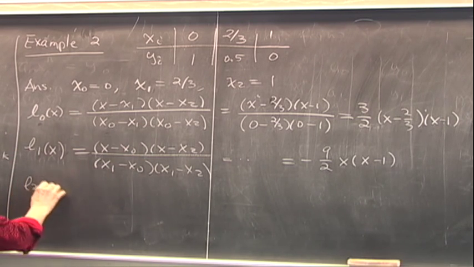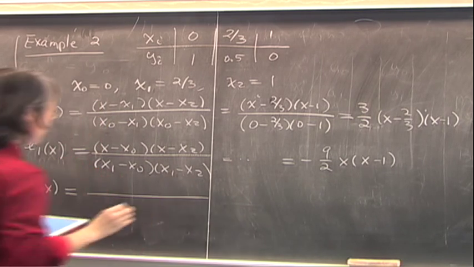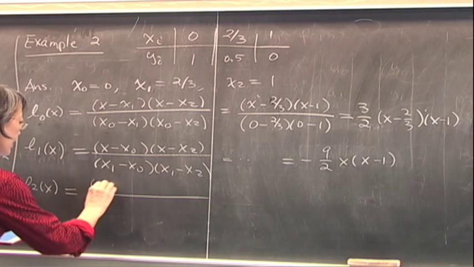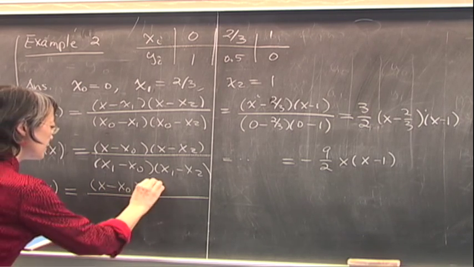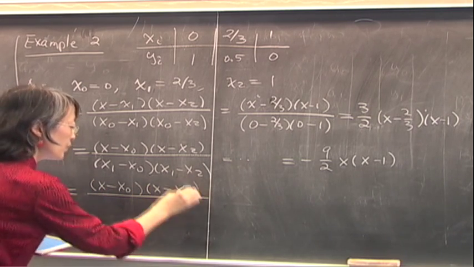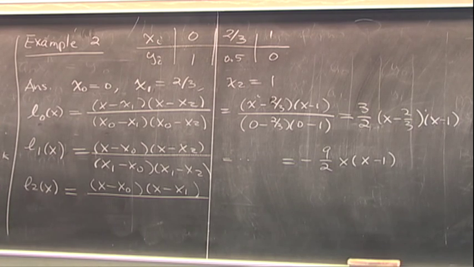So the last one. Okay, let's do the last one. How would it look? It will be x minus x0, x minus x1. But don't take x minus x2, right? So what's the denominator? Anybody want to tell me what would be the denominator? x2 minus x0.